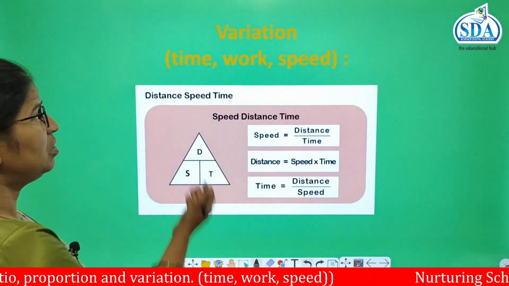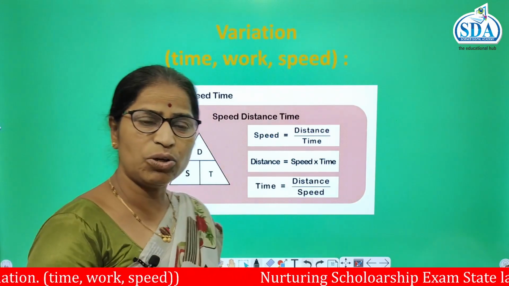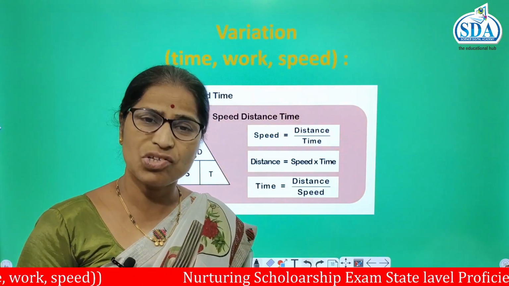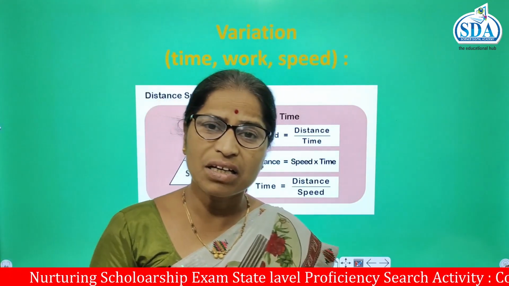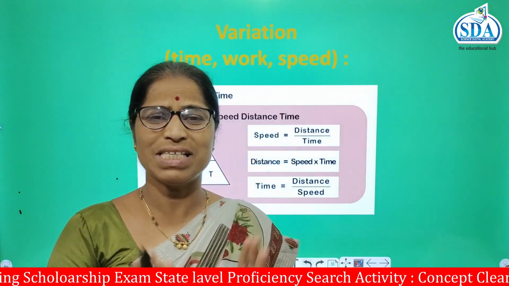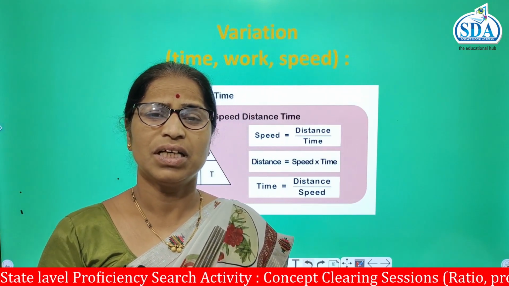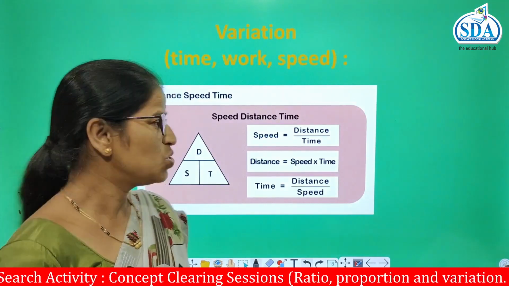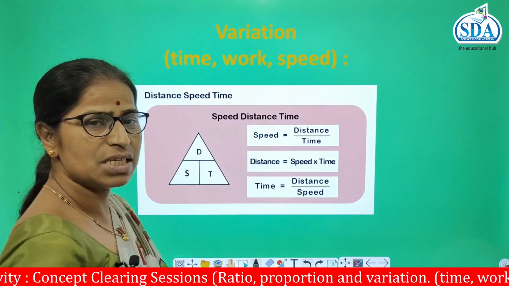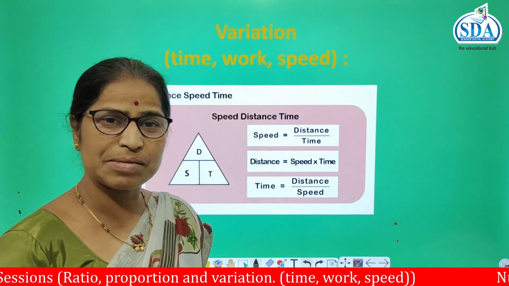Now, this concept of time, work and speed is related to variation, because if we increase the speed of a bicycle or bike, we can take less time than before. So, speed, distance and time are the examples of variations.